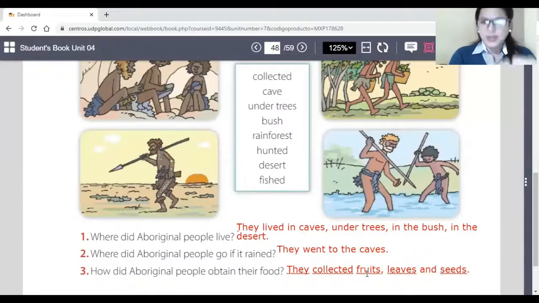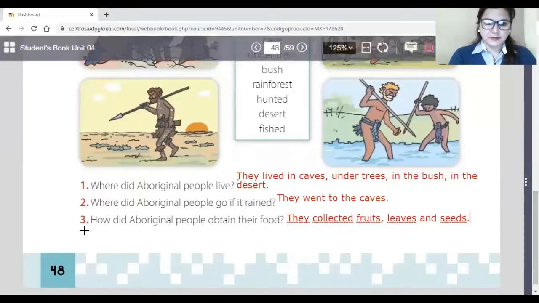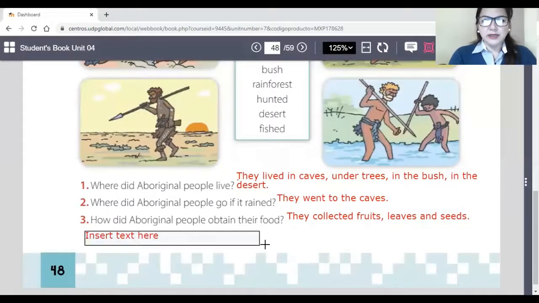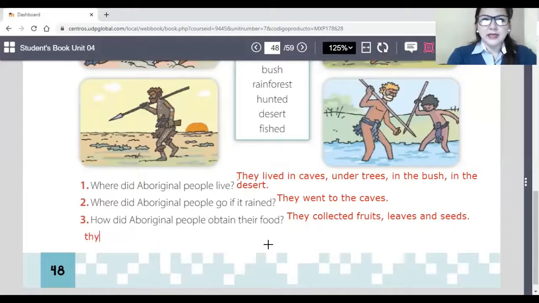It could be one, right? Another one could be they hunted and fished in the sea.